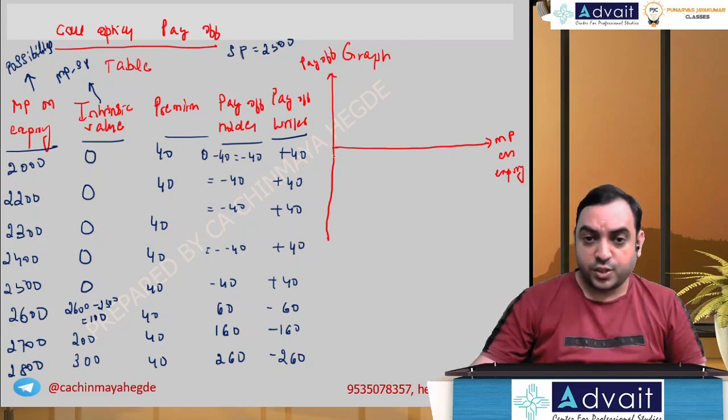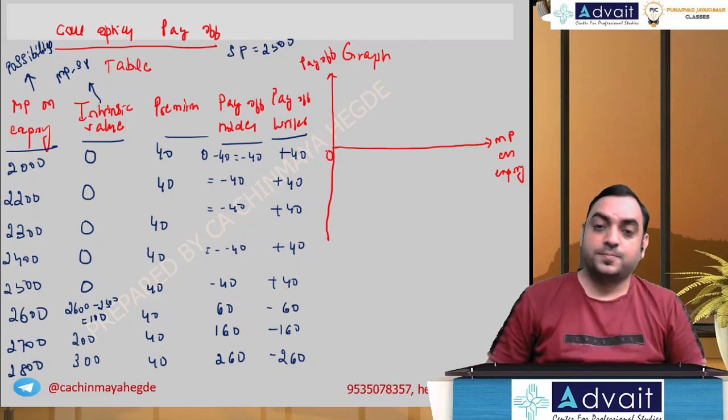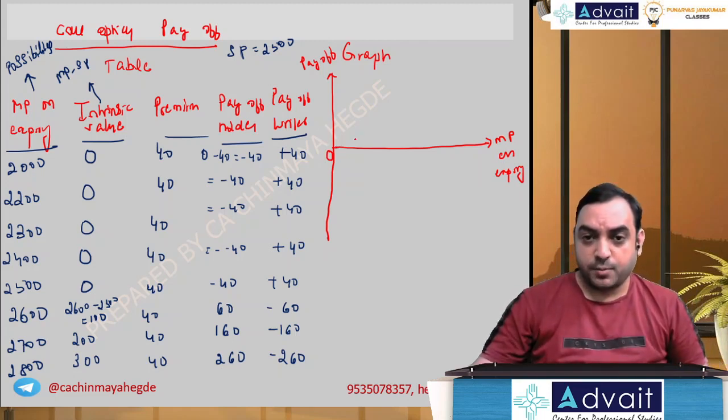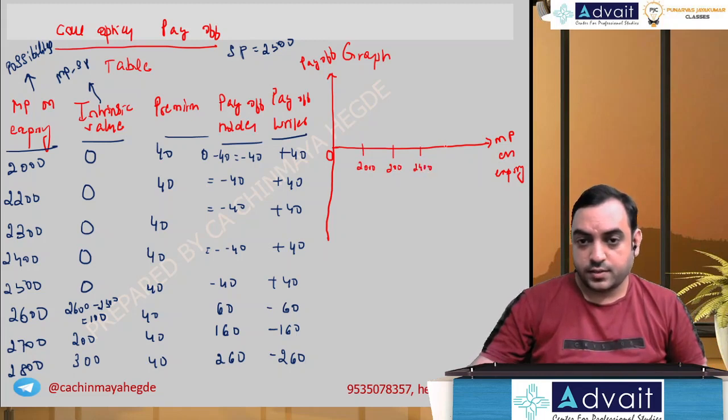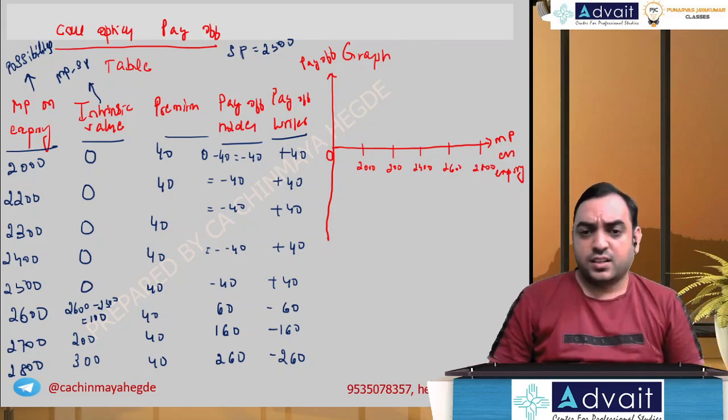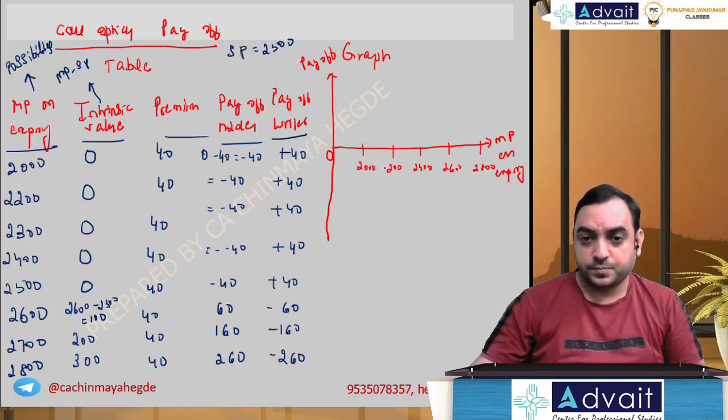We'll start from 0, origin. Market price can be at various values like 2000, 2200, 2400, 2600, 2800. I'm not writing everything, approximately I'm writing.